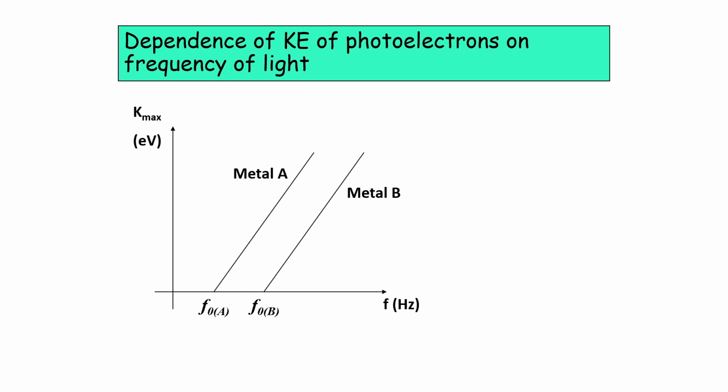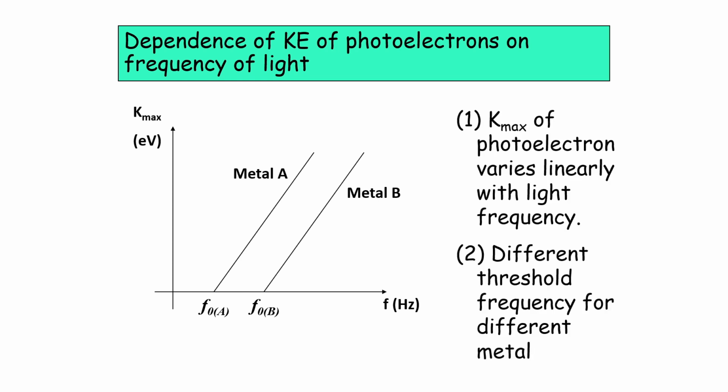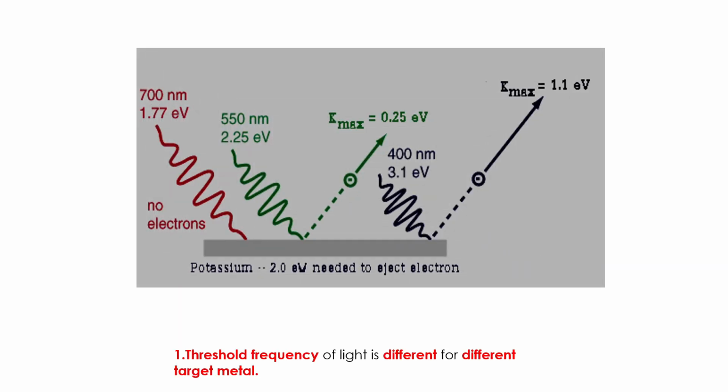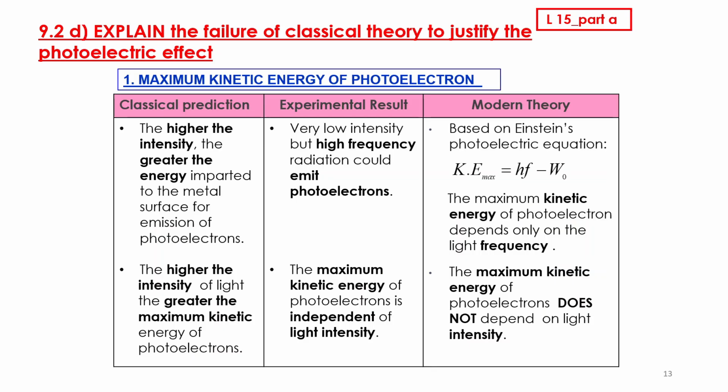With different target metals, there are different threshold frequencies, and with enough frequency, from the energy of the photon, the electron will be emitted from the target metal. This is an example of a few different threshold frequencies of light for different target metals.